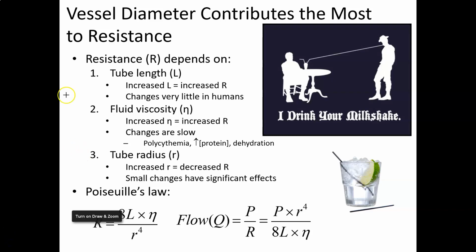Okay, so now we're going to spend a little bit of time talking about the variable of resistance. Resistance is very important to understand in terms of the human body, and certainly resistance will affect blood flow.